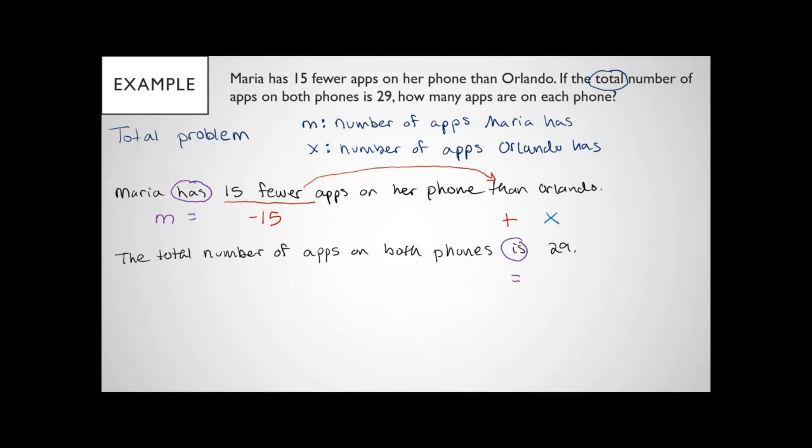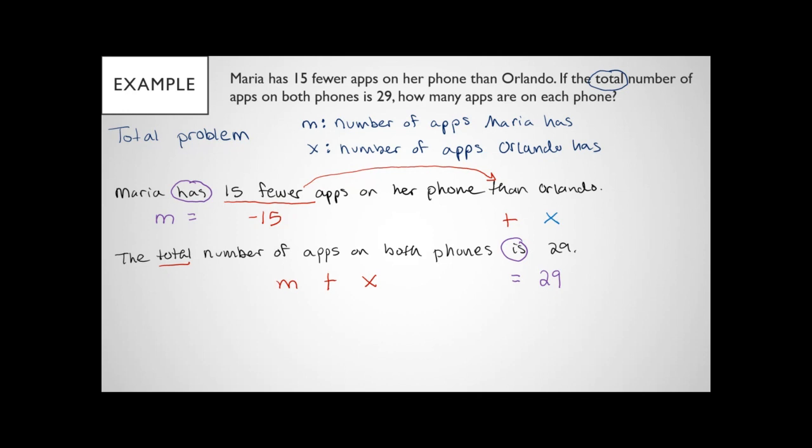And immediately to the right of the is, I've got 29 and I have nothing else over there. So I can put my 29. We've got the word total, which is going to be a plus sign. So it says the total number of apps on both phones. It doesn't really directly translate, but it's just going to tell us that we are adding our variables together, M plus X, because those are the number of apps on both phones. So it doesn't directly translate, but knowing what total means allows you to write that part.